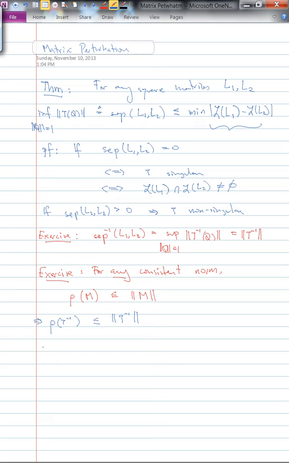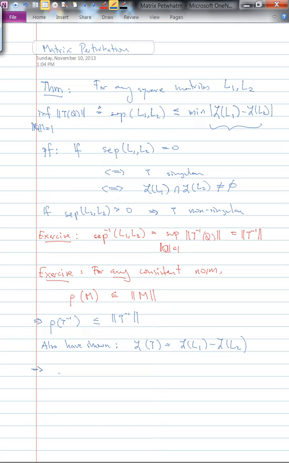And recall that we had also shown that the spectrum of T is just equal to this difference of the spectrum of L1 and L2.